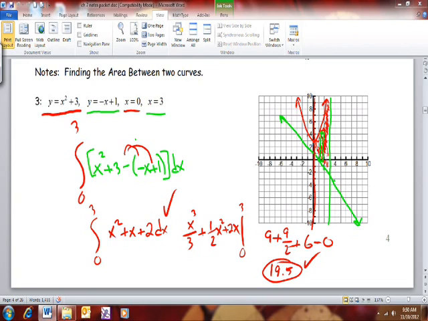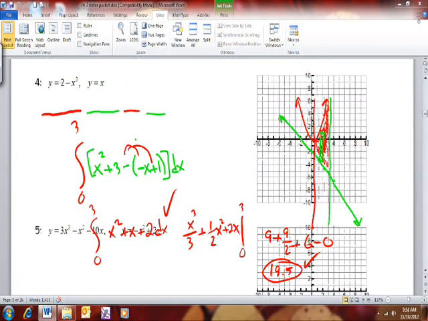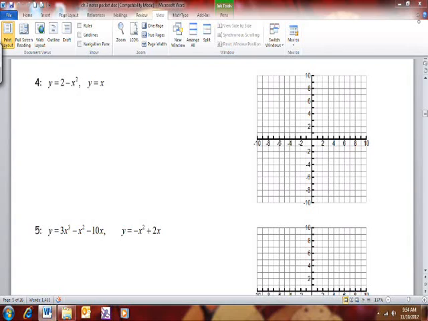All right. Let's look at setting up one more at least. Now, you notice in this problem, we don't have any bounds, so we have to really rely on the picture. This one goes up 2, and the parabola is opening downwards.